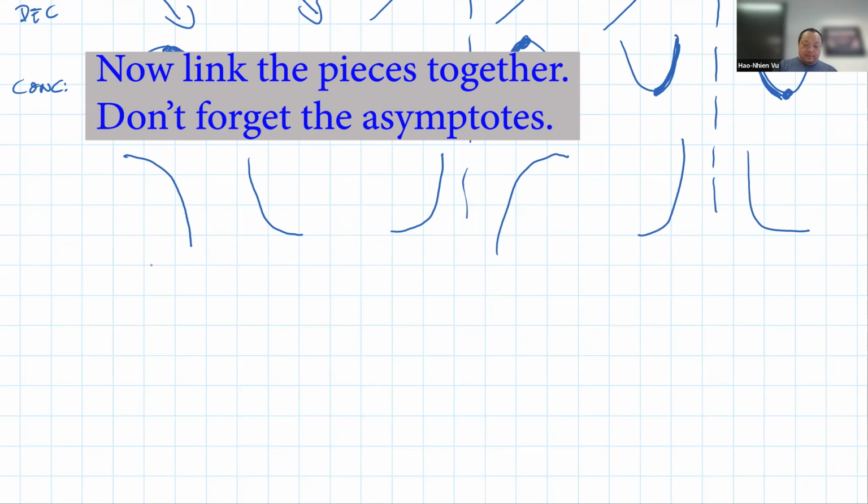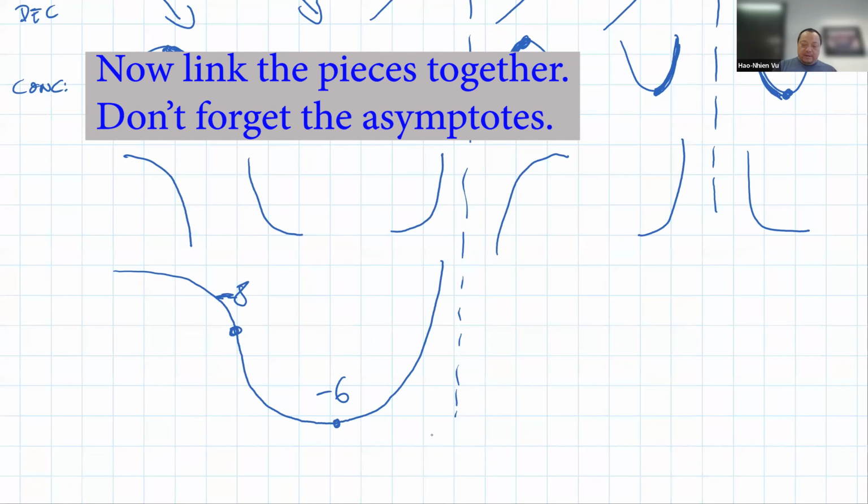So it looks like my graph should start out going like this, and then down here, and then back up. Whereas this number is at -8, -6. There's a vertical asymptote at -4. These two pieces look like they should link together like this.